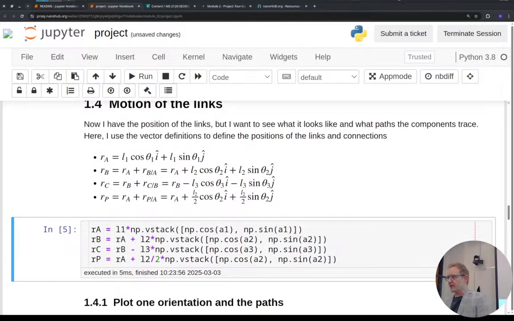And if I have all the angles, I know where all those links are, like RA, BC, and P, which is a halfway point between A and B, just to see what's happening to that middle link.